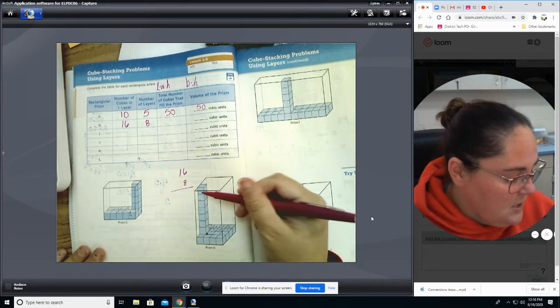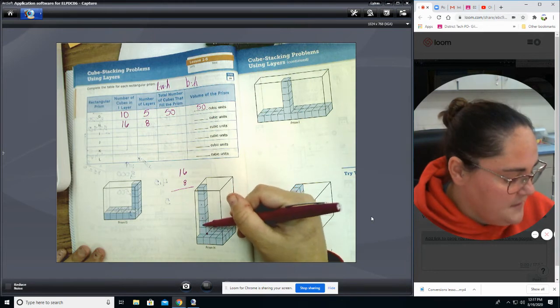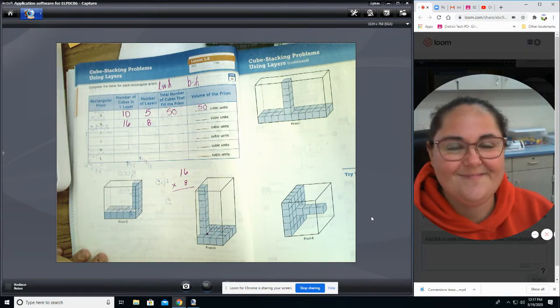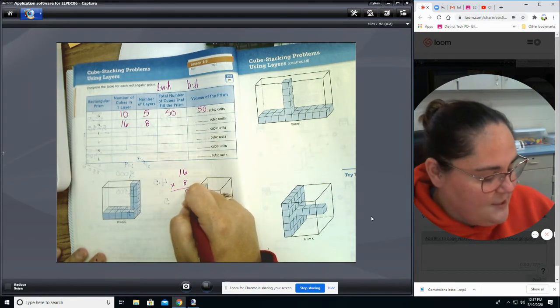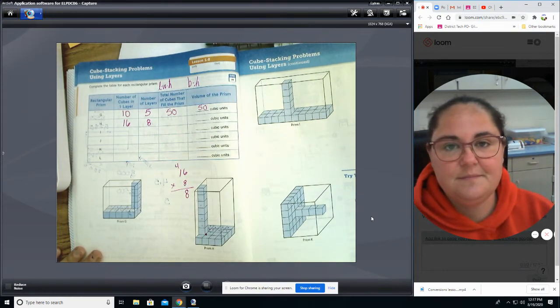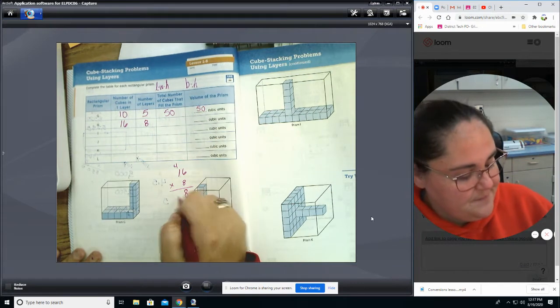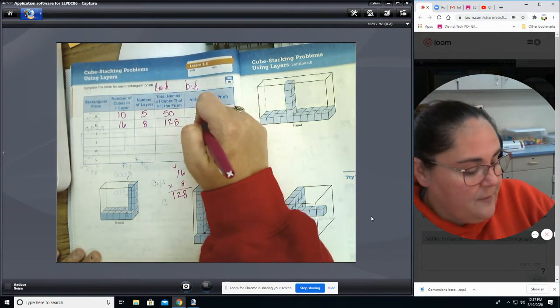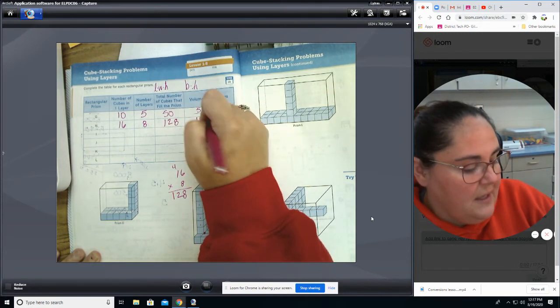Let me check, 1, 2, 3, 4, 5, 6, 7, yes, 8. 8 times 6 is 48. 8 times 1 plus 4 is 12. So 128. My volume for this box is 128.